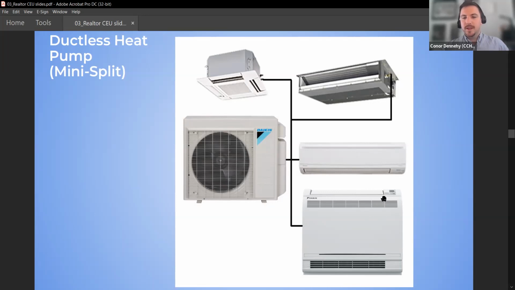This one on the bottom is part of a hydronic system. So they're a little bit larger, but similar to having radiators placed throughout your house. This is the exact same concept, just paired with a heat pump. And then likewise, we have these cassettes that can get placed in the ceiling. This is going to be something you're more likely to see in a light commercial or an office setting. But these types of things do exist.